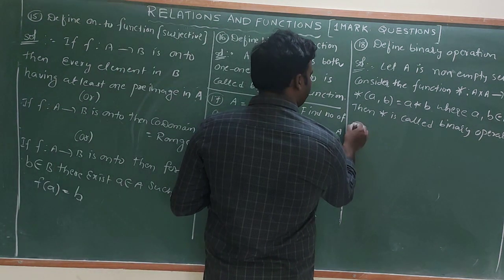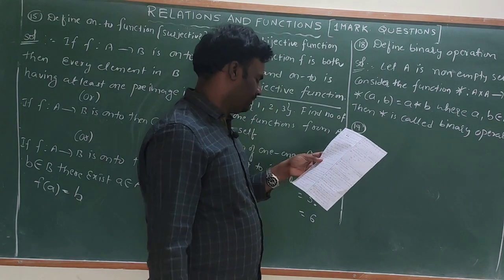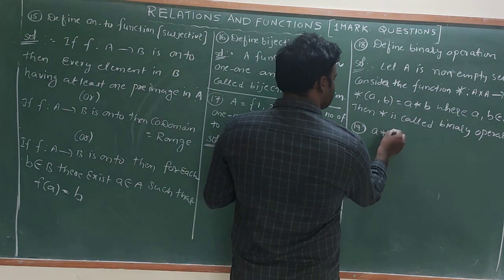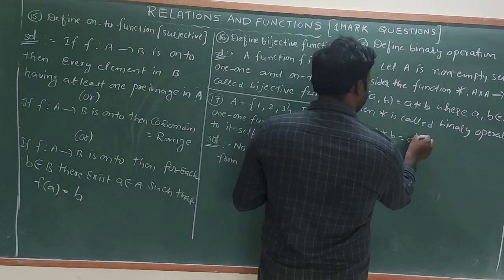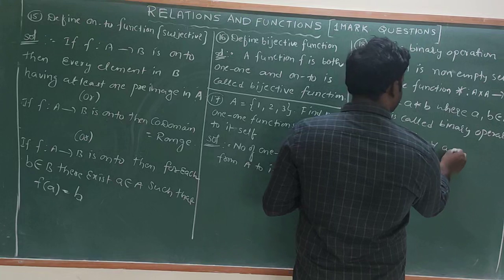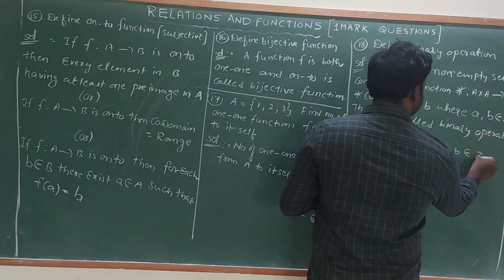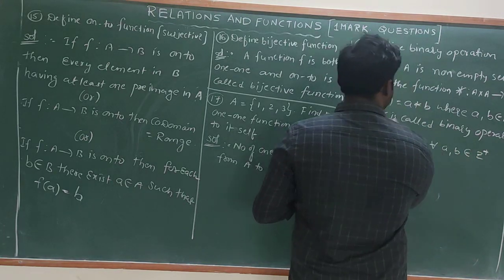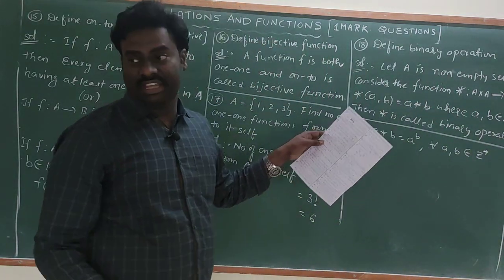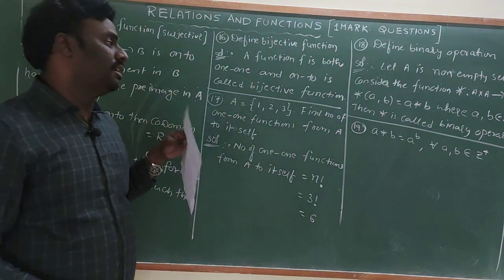Next, 19th question. The given A star B is equal to A power B for all A, B belongs to Z plus. Z plus means positive integers. So we need to verify it is binary operation or not.